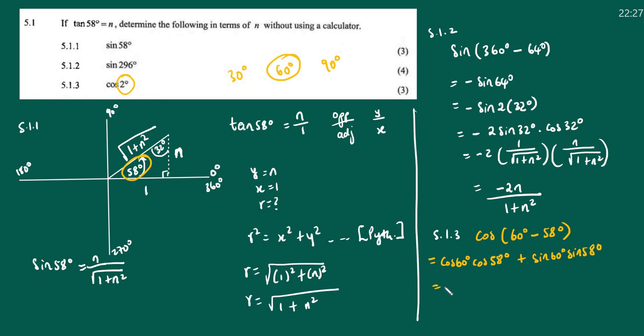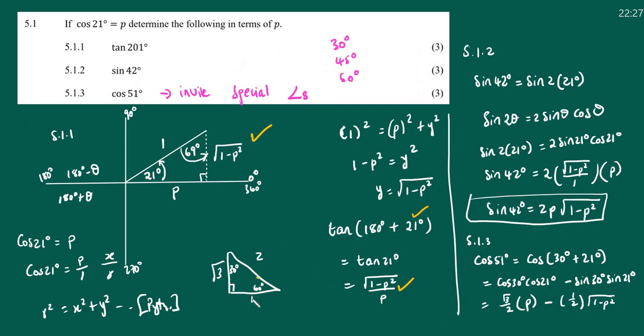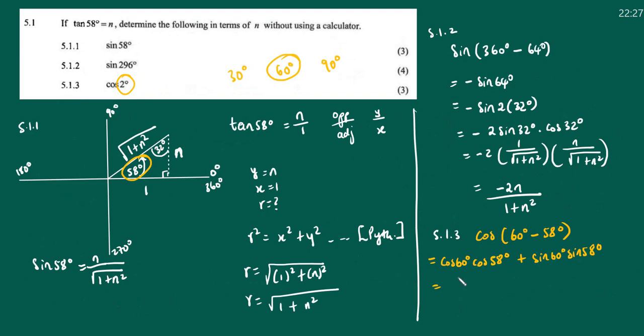And then from there, cos 60, using the special angles, is going to be half. And then cos 58 is going to be adjacent over hypotenuse, which is 1 over the root of 1 plus n squared.